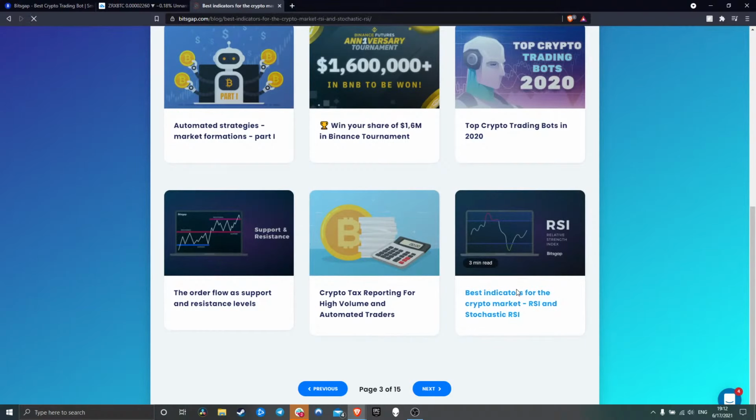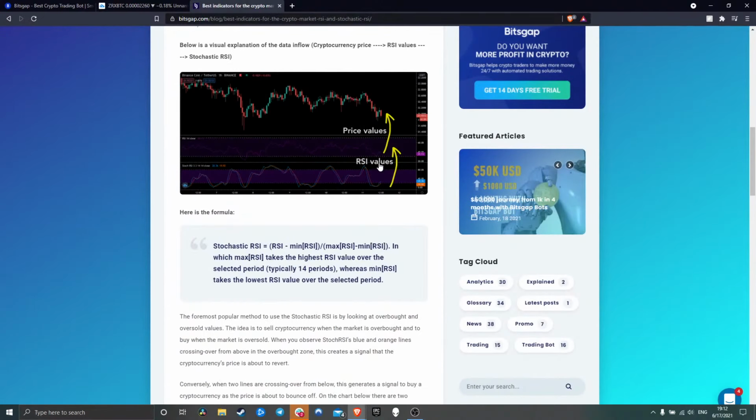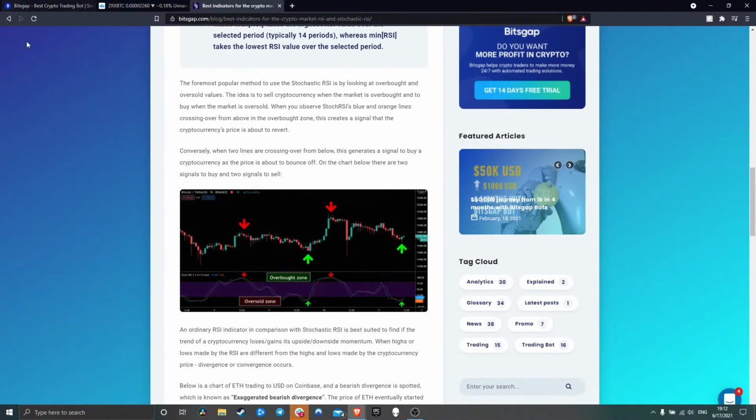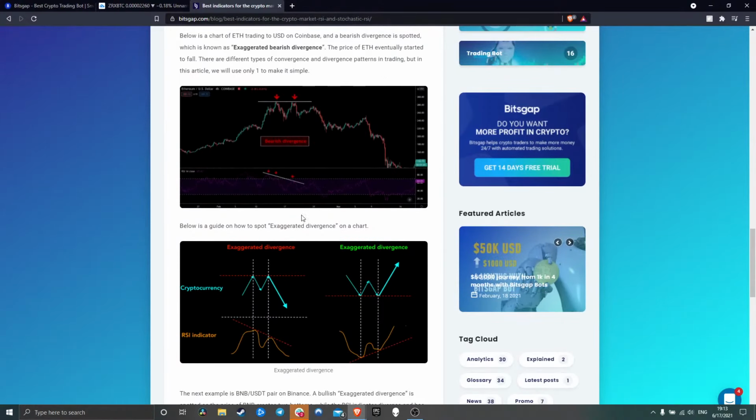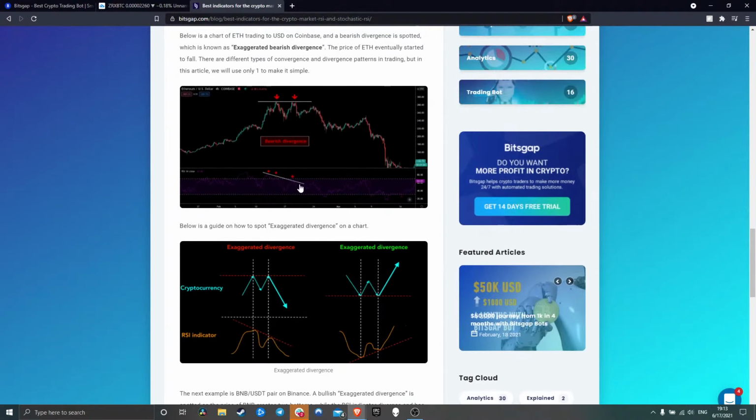You can use this article to read more about the RSI that you can also use. So whenever the RSI value is low, that pretty much signals you for the entry buy, and you can actually use this logic. You can look for the divergence on the market to see whether the trend is strengthening or weakening.